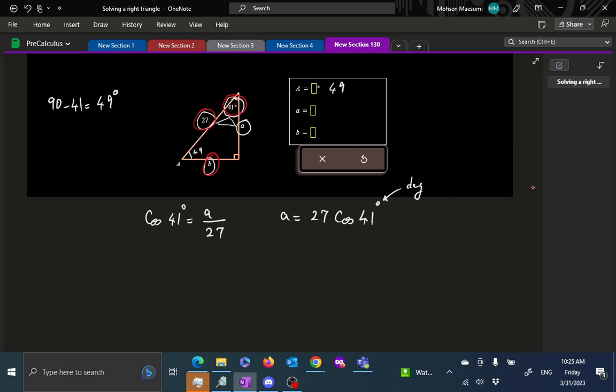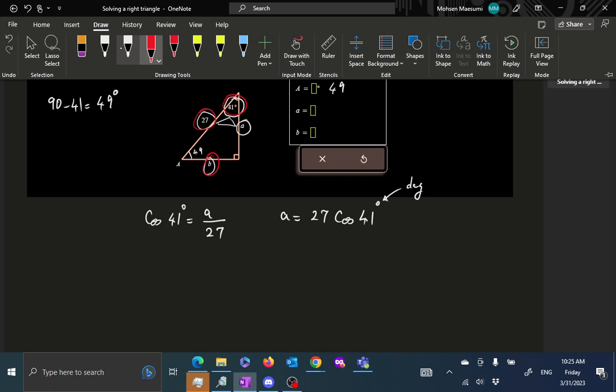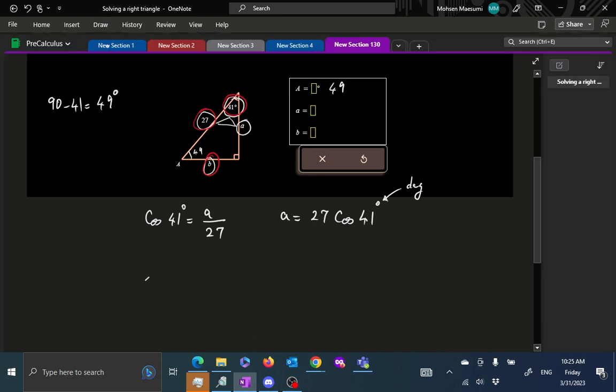So it's not horizontal or vertical, it's opposite or adjacent. So now we say sine of 41 degrees is equal to B over 27, and of course B is going to be 27 times sine of 41 degrees.